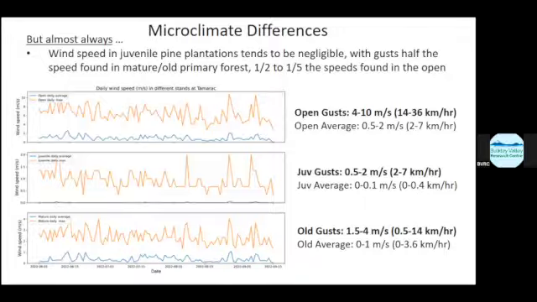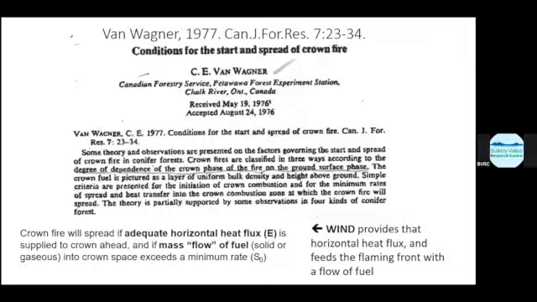Okay, my old equipment could only kick in and turn the anemometer at 1 meter per second. But there's good evidence that we're not even getting that little bit of a breeze in the juvenile pine stands because it's a very dense closed canopy. It buffers the wind from moving, right? And so that's important if you go to your basic theory of crown fire initiation, paper from almost 50 years ago now.